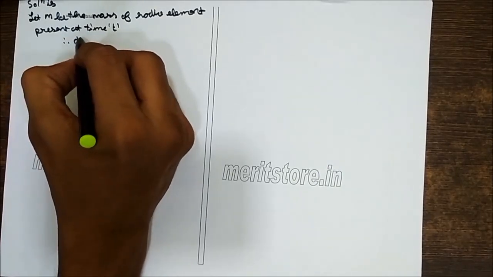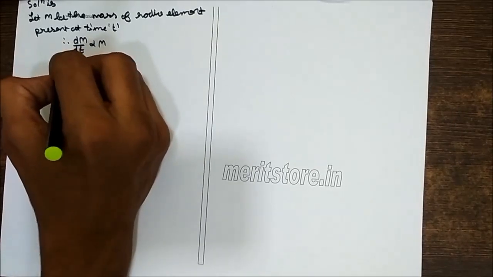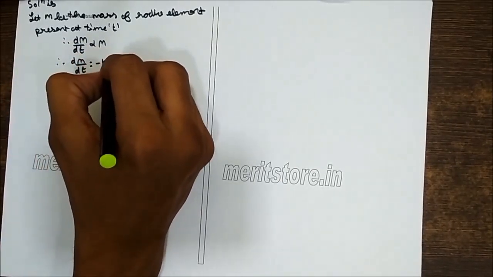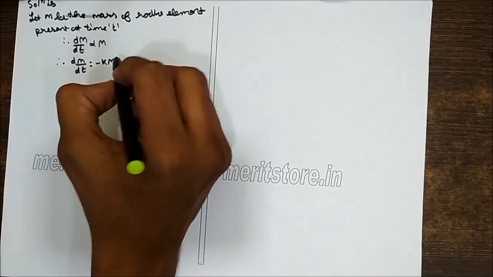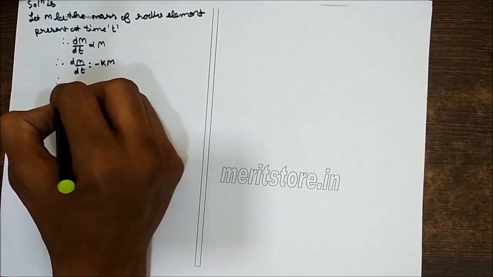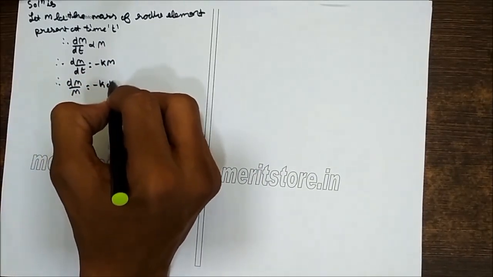Therefore, dm upon dt is proportional to m. Therefore, dm upon dt is equal to minus km, where the negative sign indicates disintegration. Therefore, dm upon m is equal to minus k dt.